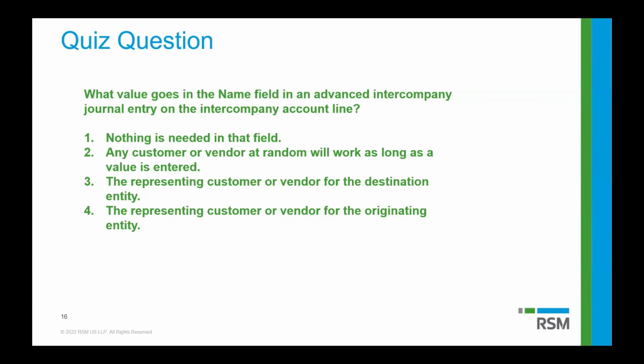All right, so what value goes in the name field of the advanced intercompany journal entry on the intercompany and account line? So think back to that last slide where we had the screenshot. So what am I going to put in the intercompany line?